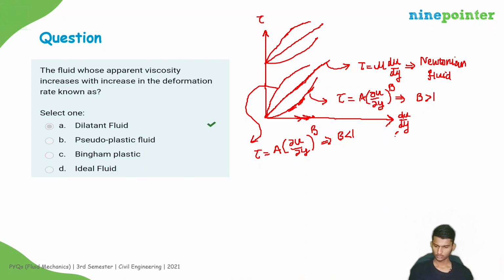This is known as dilatant fluid, and this dilatant fluid is also known as shear thickening, because the shear stress is increasing on increasing the dou u by dou y.